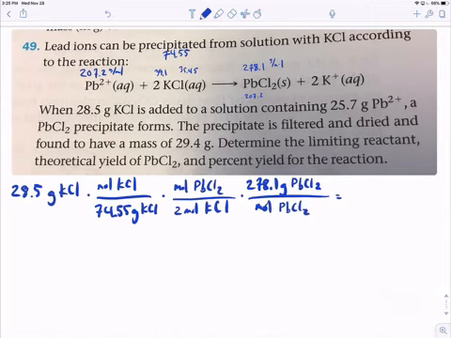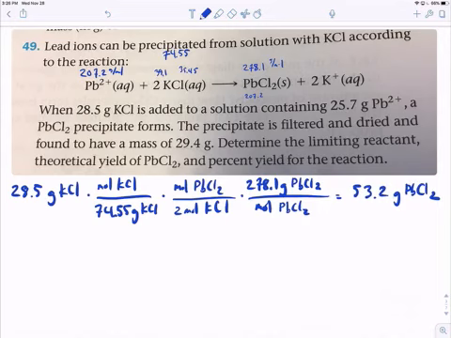And if you do this, 28.5 divided by 74.55 divided by 2 times 278.1, and this is 53.2 grams PbCl2.